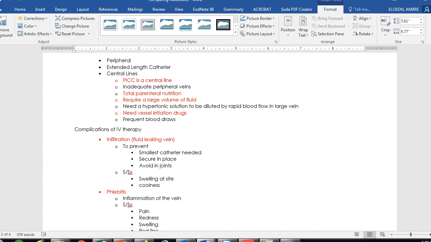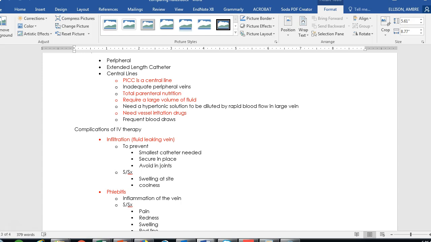So some complications that you need to know about of IV therapy. Infiltration is a complication. What infiltration is, is fluid leaking into the tissue. So the way to prevent infiltration is to always get the smallest catheter needed. You do not always need an 18 or a 16 gauge catheter. If you are in a trauma setting and your patient is dying, then yeah, you probably need a large catheter.